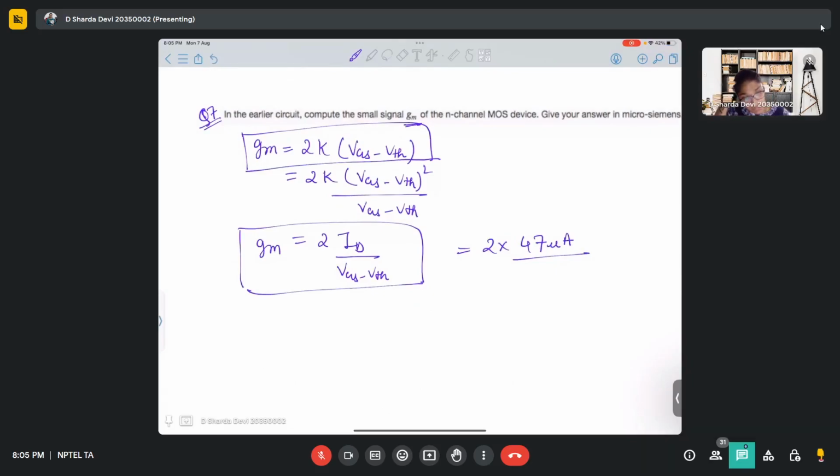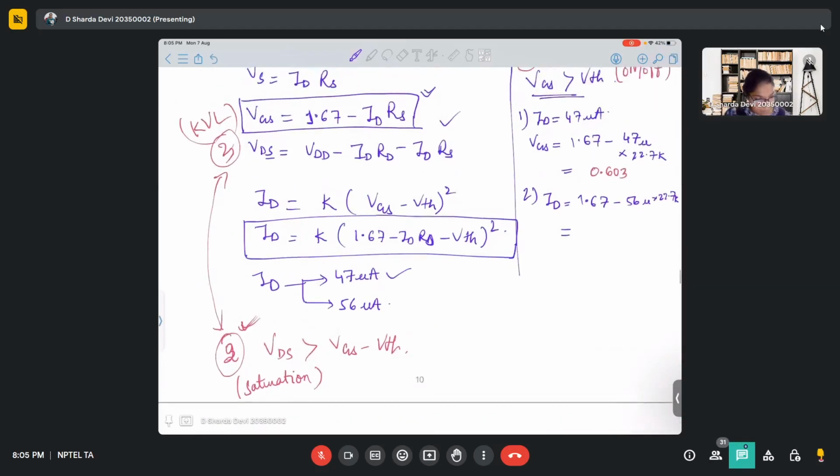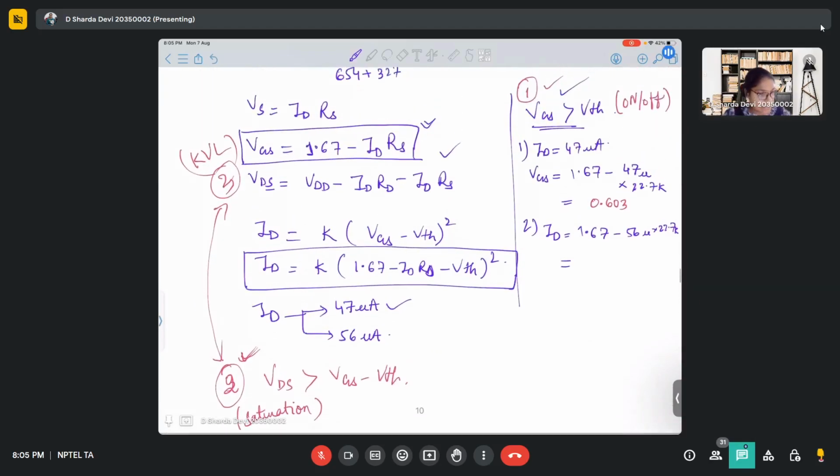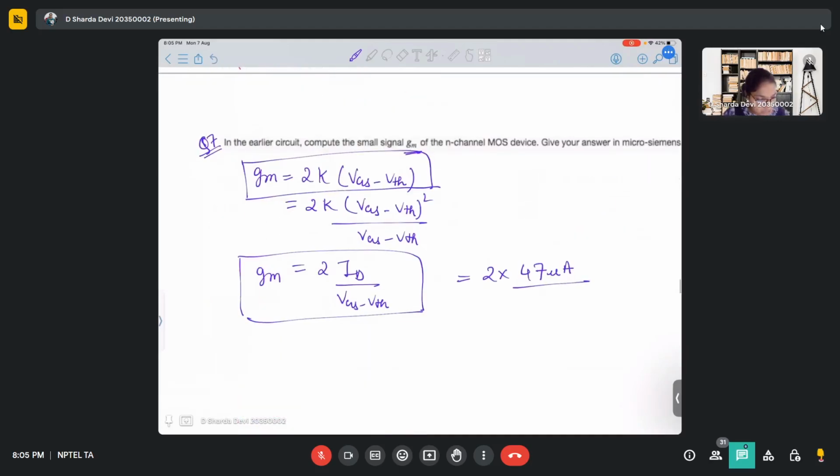We calculated VGS in the prior question, and the V threshold is 0.5, VGS is 0.603. So 0.603 minus 0.5. So the GM that we'll get, and the unit is in microsiemens only, is 2 into 47 microsiemens by 0.103. So what is the value of GM that you're getting?